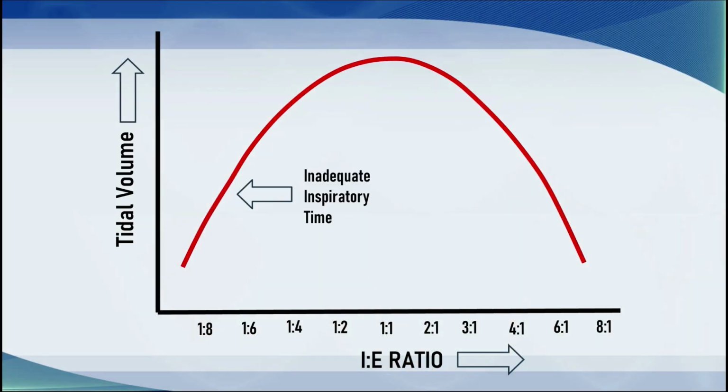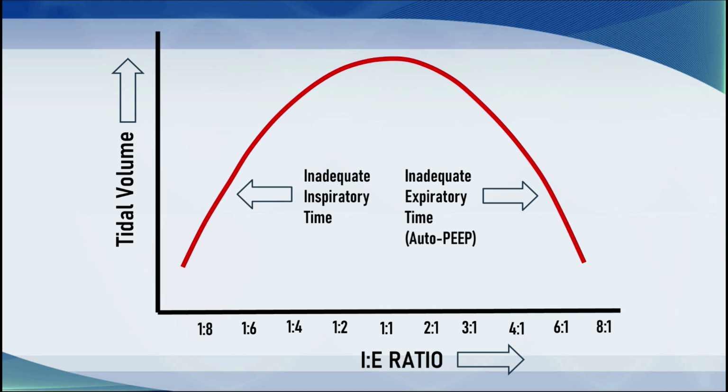On the other hand, if you go from left to right from the apex of this curve, you can see that the tidal volume goes up initially as you go to, for example, a 1-to-1 ratio, and then it starts to fall progressively. And the reason why is that the expiratory time becomes too short and the patient starts to develop a lot of auto-peep. And auto-peep, as I've mentioned many times, causes the driving pressure to fall.